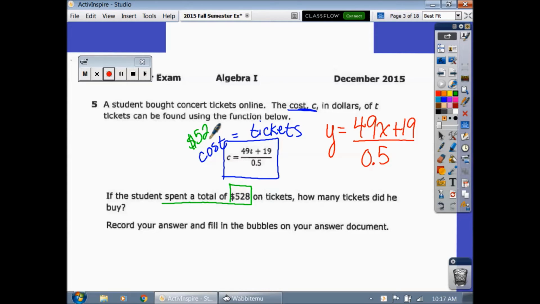That represents the C, or in this case, it represents the Y value. If I were to make an XY table, the Y value is 528. The question is asking, how many tickets would you purchase in order to get a total of 528?